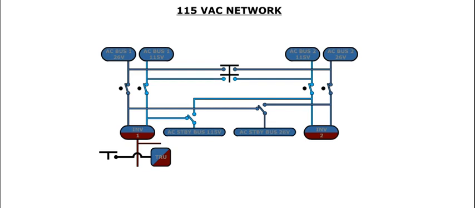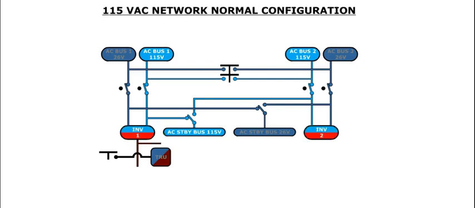The 115-volt AC network consists of three buses: AC Bus 1, AC Bus 2, and AC Standby Bus. During normal operations, Inverter 1 powers AC Bus 1 and the AC Standby Bus. Inverter 2 powers AC Bus 2.